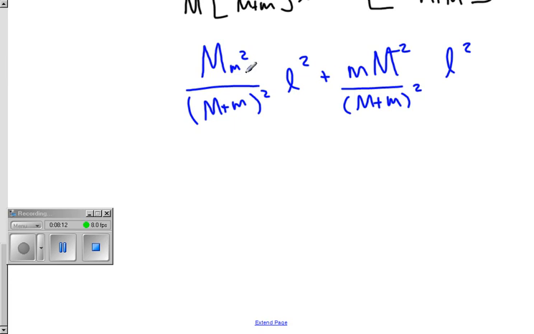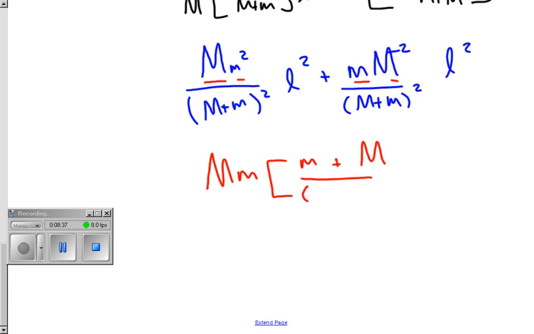Now we can see that we have in each term one big M and one little m. And if we factor that out, then we are left with big M, little m, times, from this term here we had a little m left, from this term here we had a big M left.